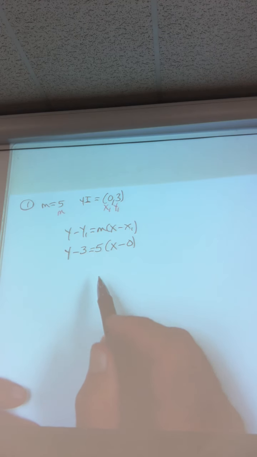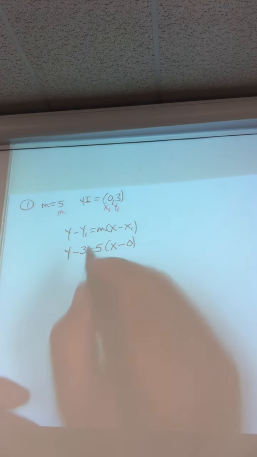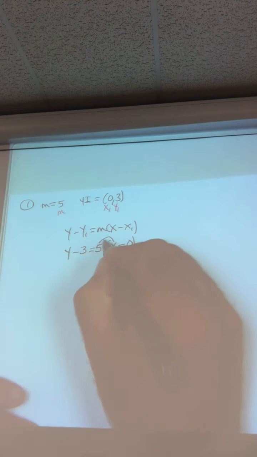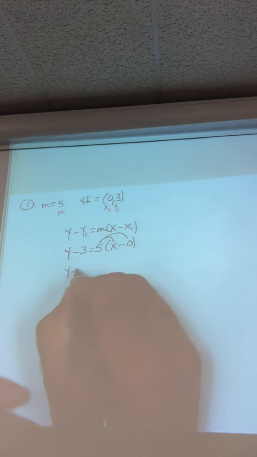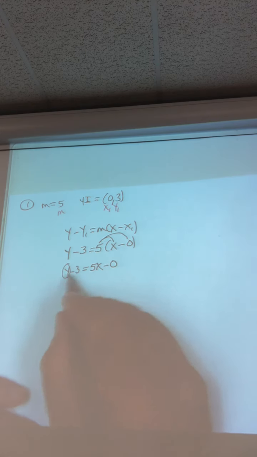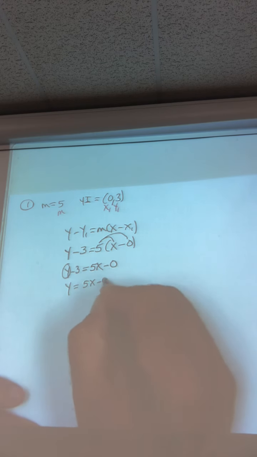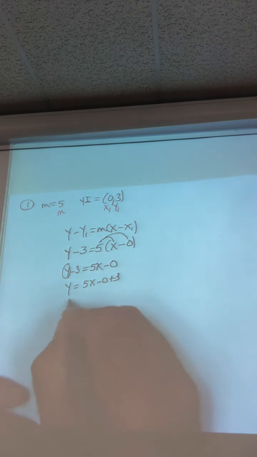Now, whenever we're writing the equation of a line, we typically like to solve it for y if we can. So what I'm going to do is distribute this 5. 5 times x is 5x, minus 5 times 0 is 0. And then if I get the y by itself, I've got to add 3 to both sides. And when I do, I get y equals 5x plus 3.